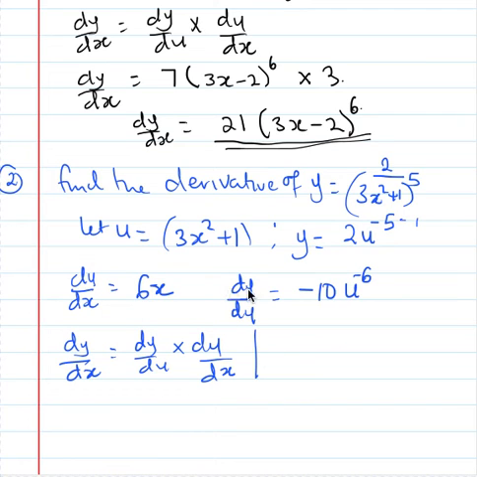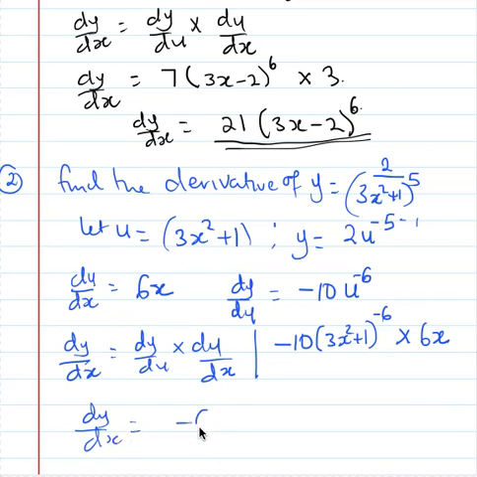This will be negative 10 times (3x squared plus 1) to the power of negative 6, and du/dx is 6x. So our dy/dx now will be negative 60x into (3x squared plus 1) to the power of negative 6. This would be the answer.